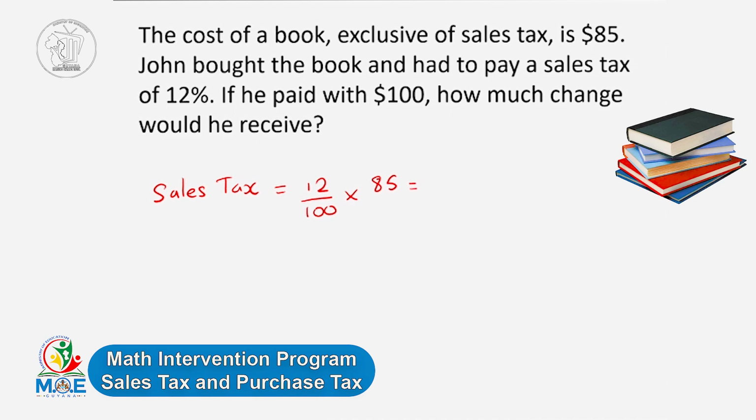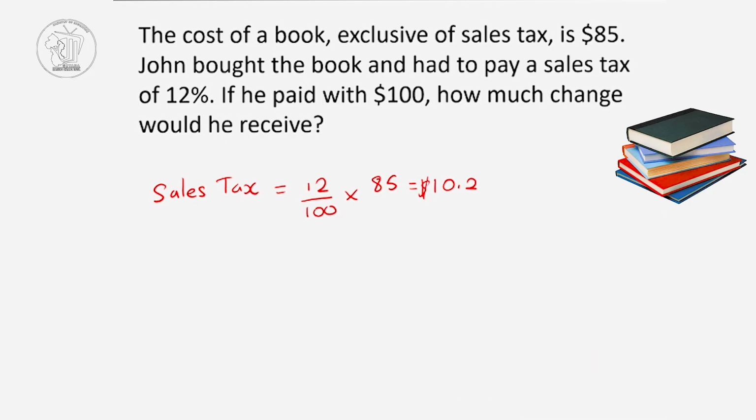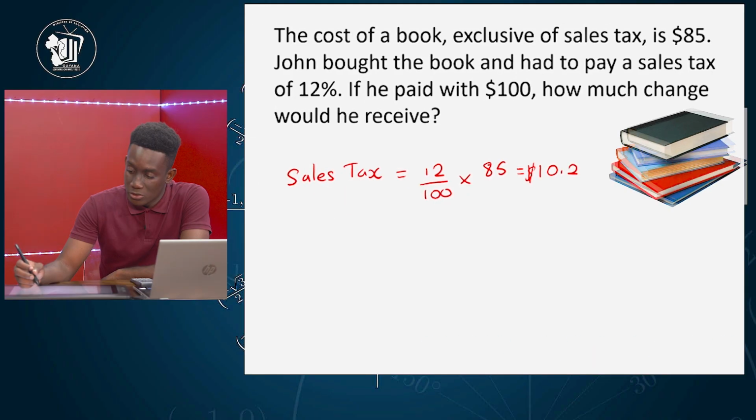So we will use our calculator. 12 times 85 gives us 1,020. Divide that by 100, which gives us $10.2, which is the same as $10.20. So this is the sales tax paid for the book.